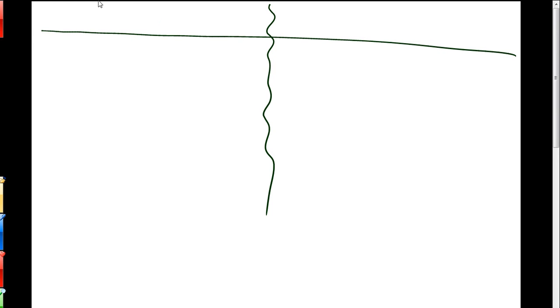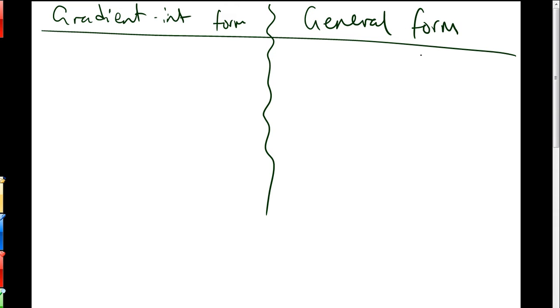Let's pause this. Okay. So general form now. Let me write it like this. We had gradient intercept form, and now we've got the general form.